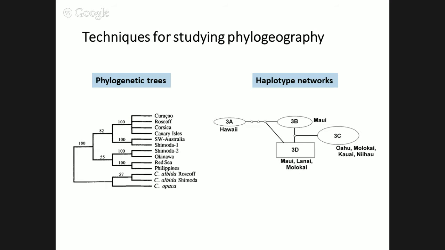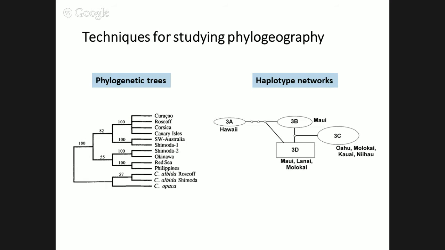The other kind of technique I'll be showing you are what we term haplotype networks, and that uses the same kind of data. It's also DNA sequence data, but what it's doing is analyzing it a little bit differently and depicting it differently. So it looks kind of messy, but what you end up with here is a network. What it's doing here is taking each unique sequence, and that's termed a haplotype, and showing you the connections between it.